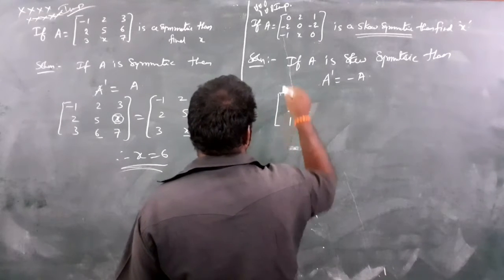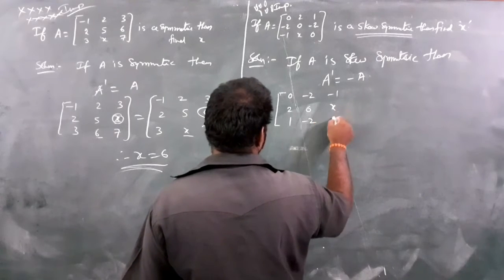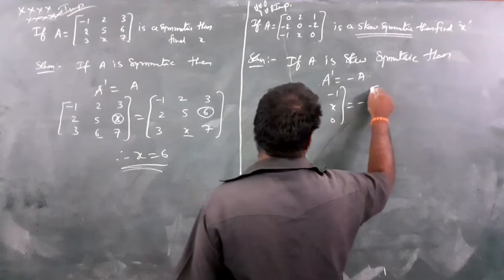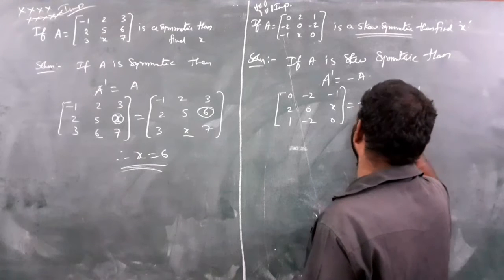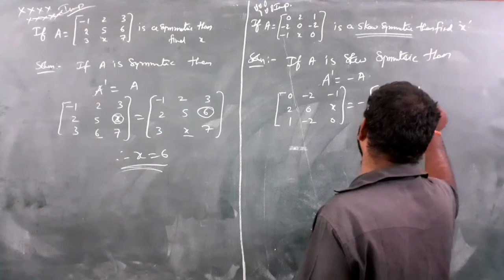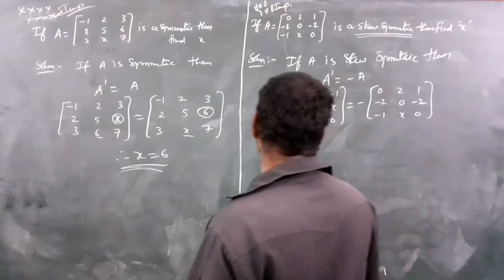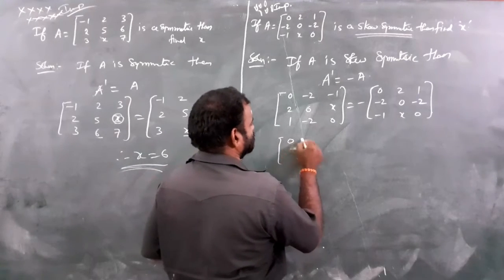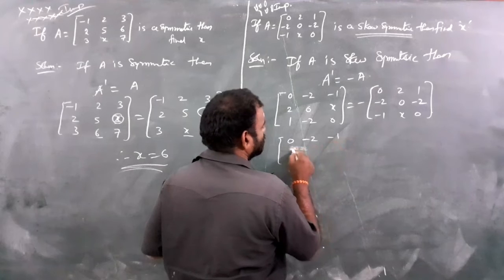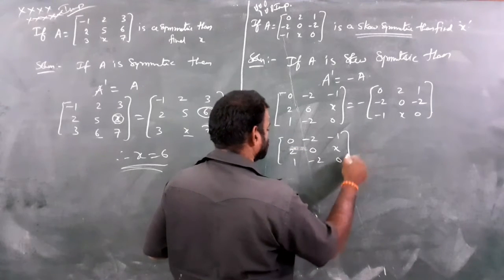[0, 2, 1; -2, 0, -2; -1, x, 0] is equal to minus of A. What is A? [0, 2, 1; -2, 0, -2; -1, x, 0]. So you have to complete it. [0, -2, -1; 2, 0, x; 1, -2, 0].